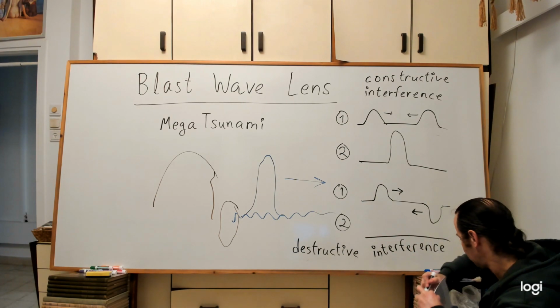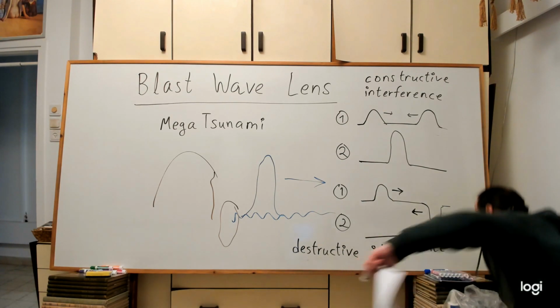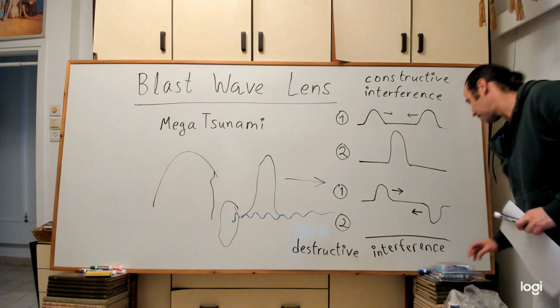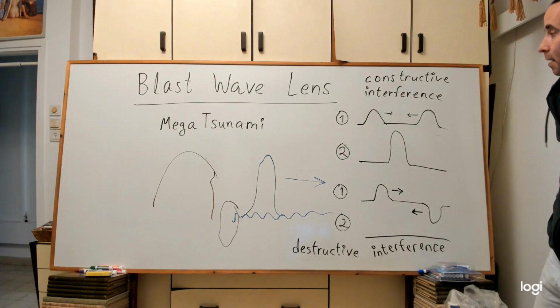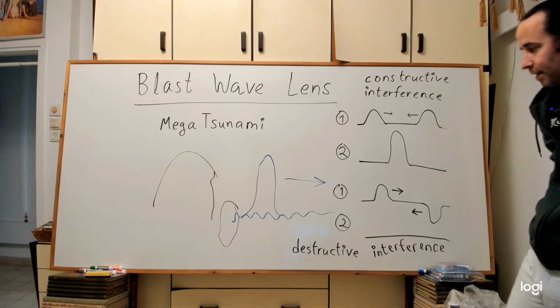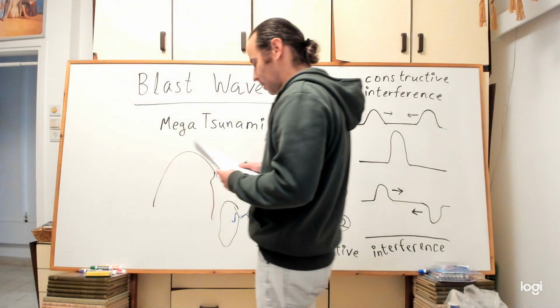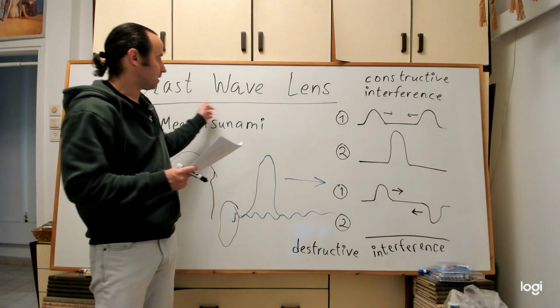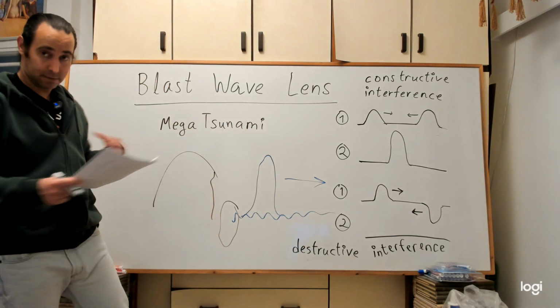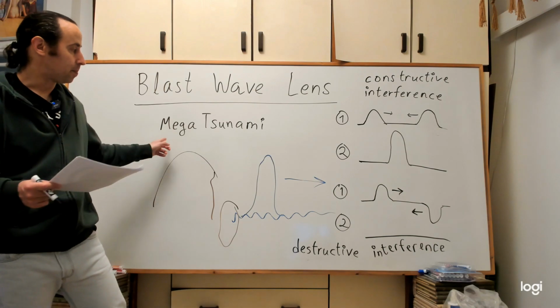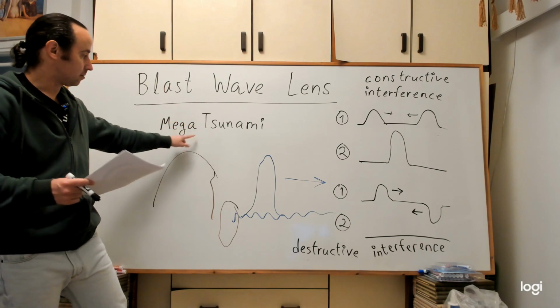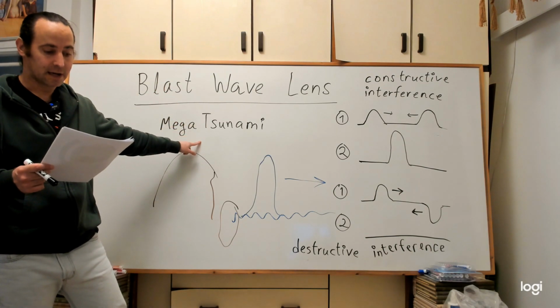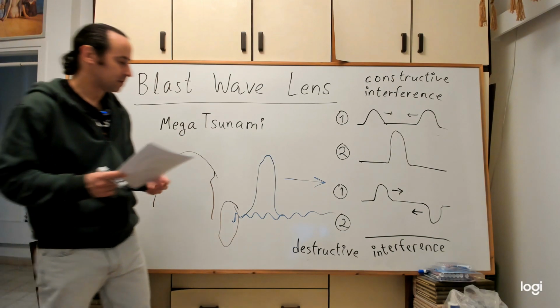Okay? So we talked about interference. So I'm reading from the beginning. Blast wave lens is my invention to stop a mega tsunami with an artificial tsunami in the opposite direction.